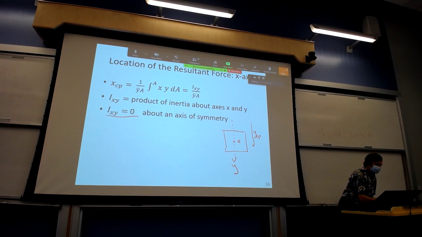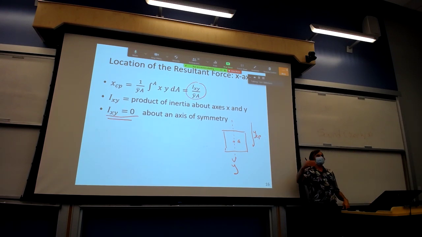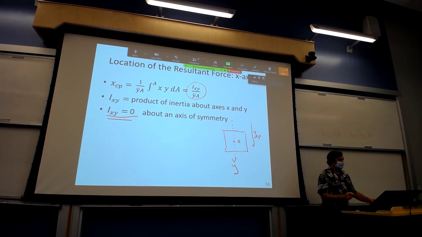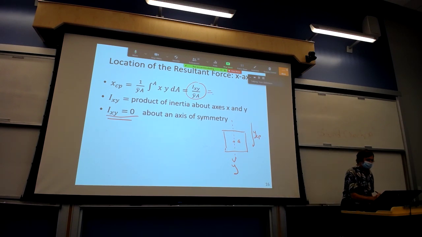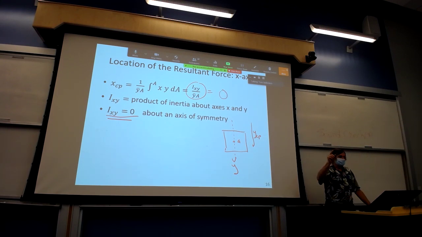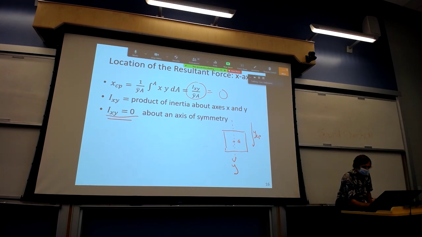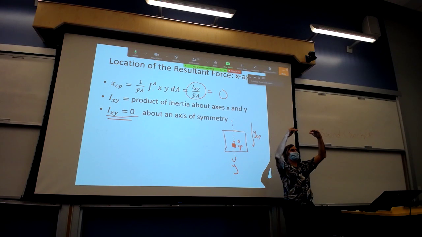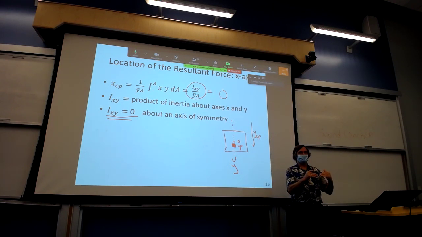What this equation says is that the product of inertia is 0 for an axis of symmetry, which, when you put it into this equation, means xcp would be equal to 0 when your y-axis is an axis of symmetry. If xcp is 0, the center of pressure acts directly below the center of area along the y-axis.